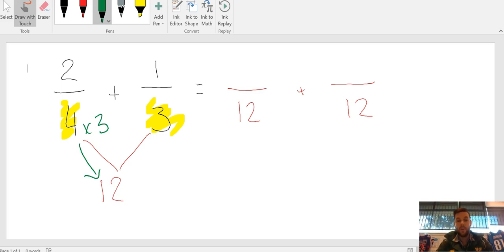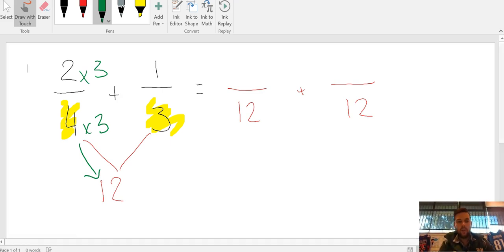And now there's a rule. When we're looking at fractions, whatever you do to the bottom, you do to the top. So if we multiply by 3 on the bottom, we have to multiply by 3 on the top. So 2 times 3 becomes our numerator, which would be 6. So that's how we turn 2/4 into 6/12.